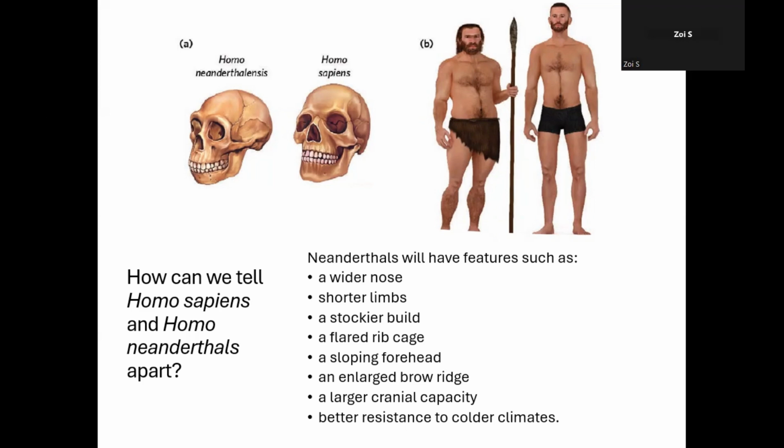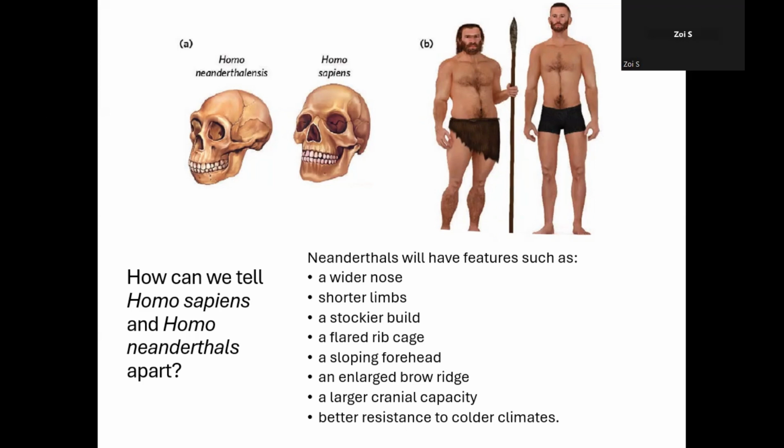Compared to Homo sapiens, the brow ridge of Homo neanderthals is much more prevalent, right? Which you can see in the skulls themselves. You can see that Homo sapiens, our brow ridge is less pronounced, whereas a Homo neanderthal's brow ridge is much more pronounced.